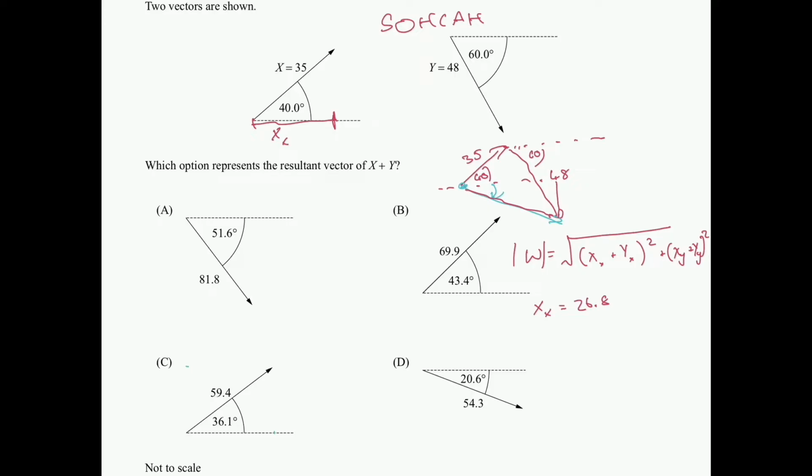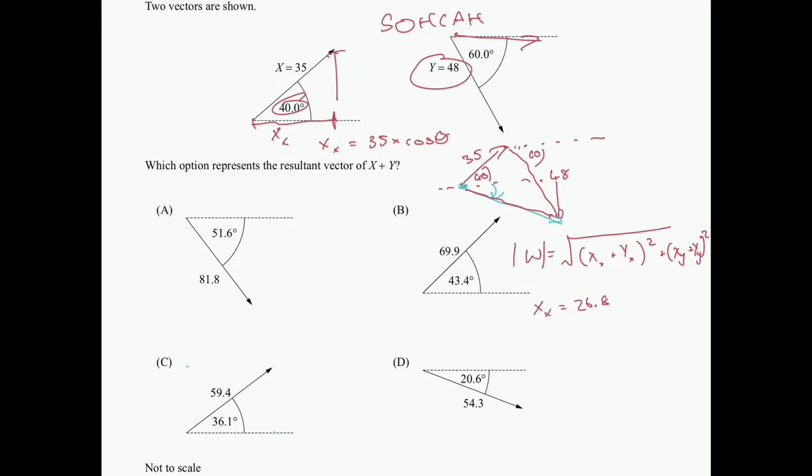So to get x of x, that's going to be equal to 35 multiplied by cosine theta. To get the y, it's going to be 35 multiplied by sine theta, and our theta in this case is 40. We're just going to do the same here for vector y, but our angle is going to be 60.